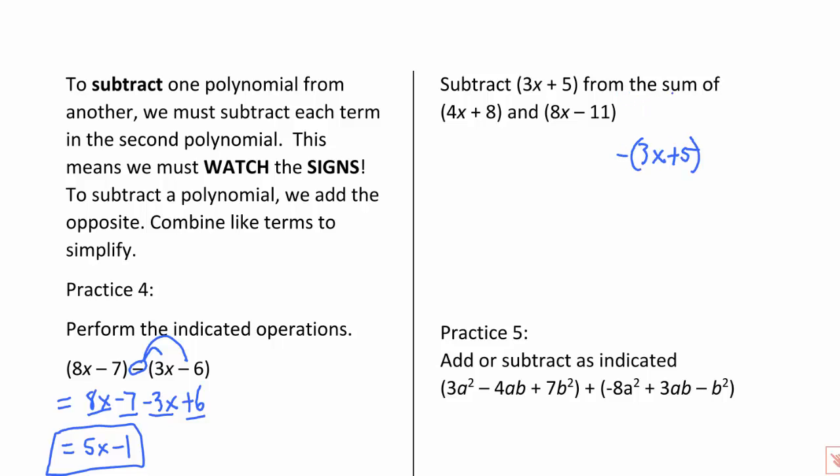But what are we subtracting? We're subtracting a sum. So I'm going to use a big square bracket for this. What are we adding? Well, we're adding two polynomials together. With a plus in between, the order doesn't really matter, so just write them down in the order in which they appear. That's going to give me the 4x plus 8, and then the plus 8x minus 11.